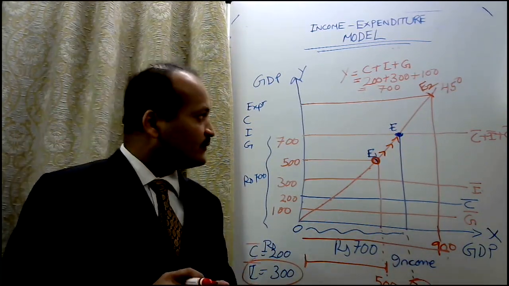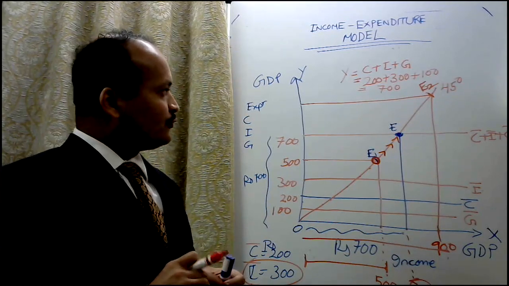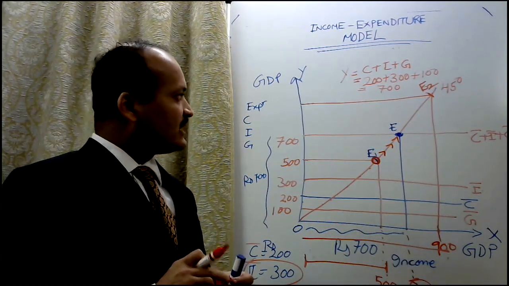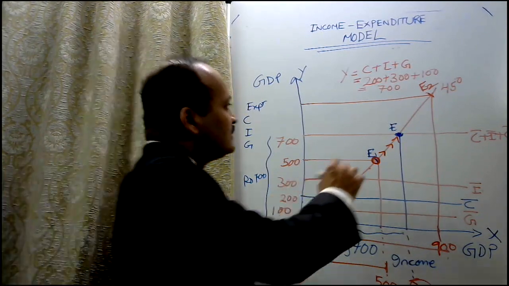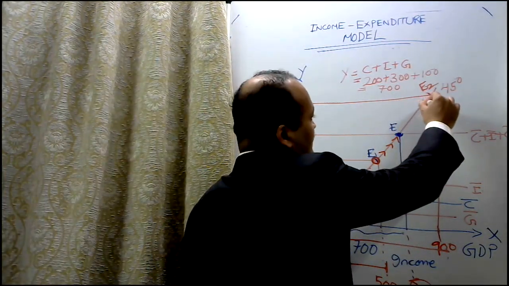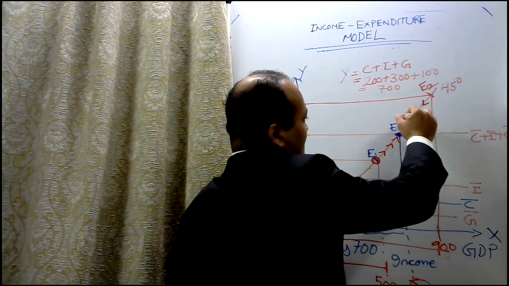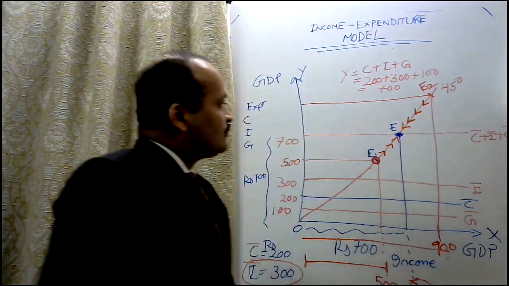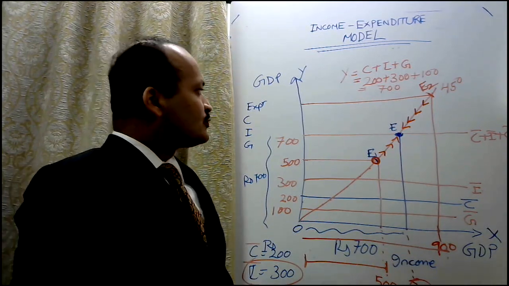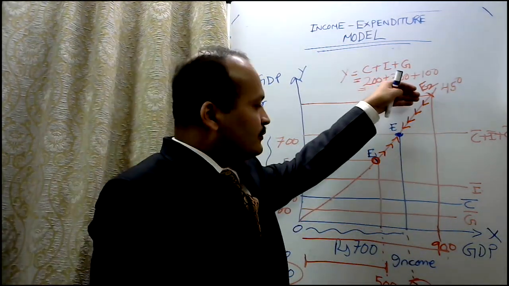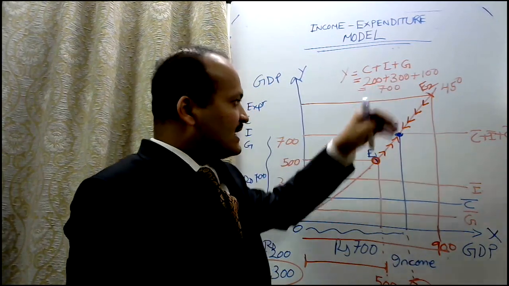A rational producer would take this signal that perhaps there is not adequate demand in the economy, and it is better that production levels are reduced, so that the additional inventory is gradually adjusted.